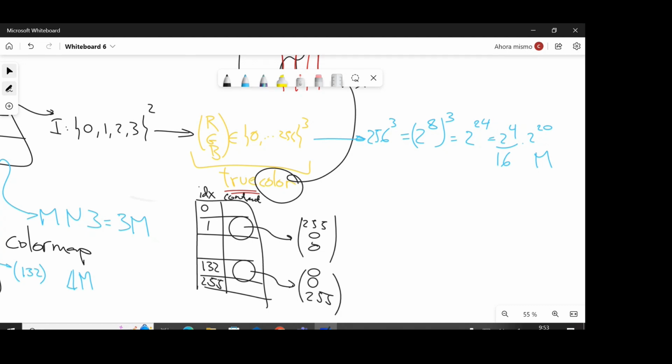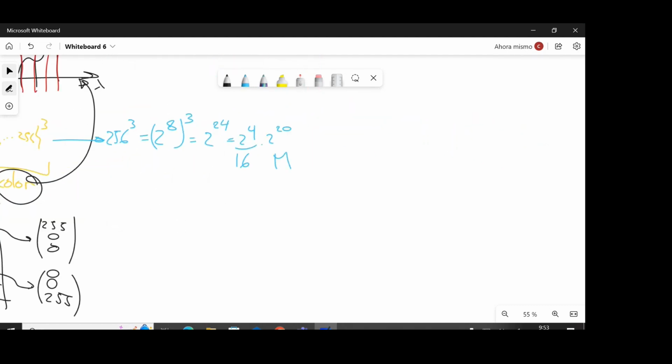These powers of 2 you have to remember. 2 to the 10 is how much? This you need to know exactly. 1024, so approximately 1,000.